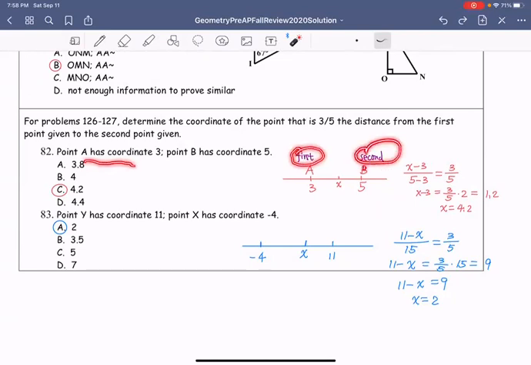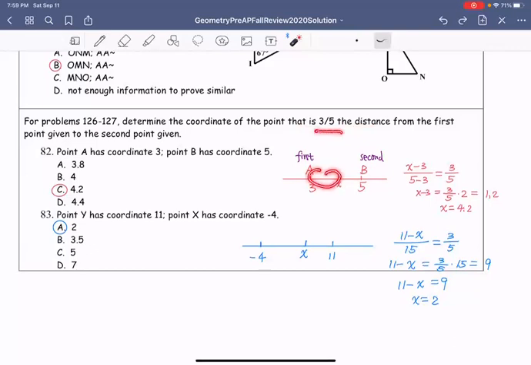This is the second point, correct? They want us to find a point where the distance from the first point to the second point is 3/5. So basically this piece is a part of this piece.